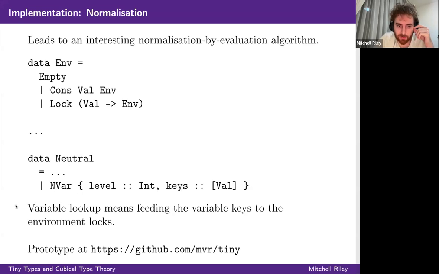The interesting thing about these together is that when you do a variable lookup, you'll have a sequence of keys attached to a variable, and as you go through the environment, you'll encounter a sequence of locks, and you just plug them together, and eventually you get an ordinary context extension, which is the value of the variable. So this works out really nicely, I think. Okay.